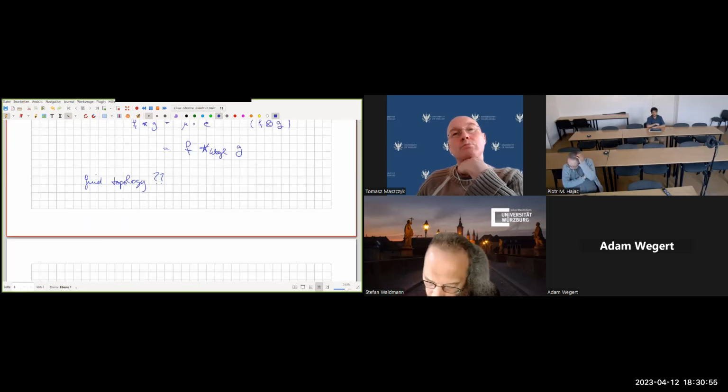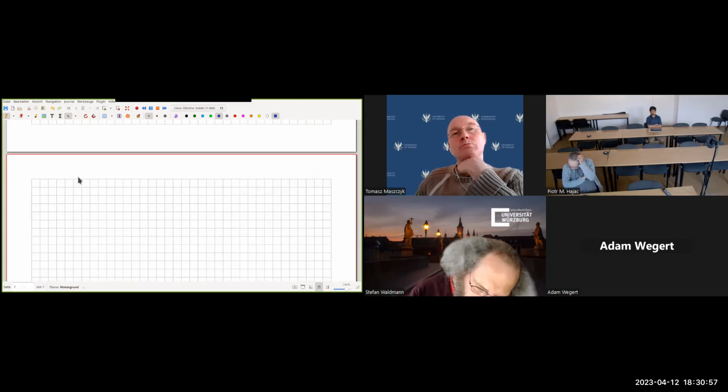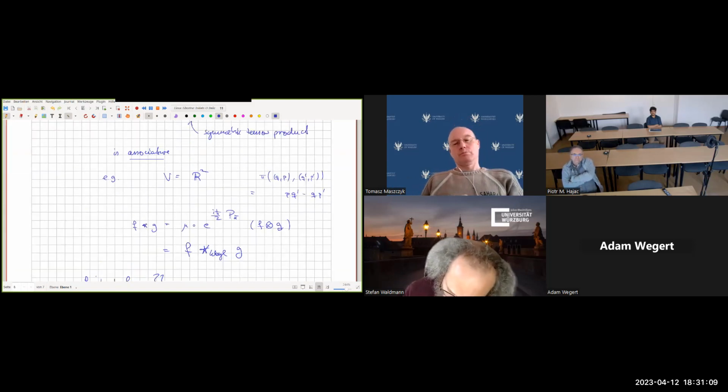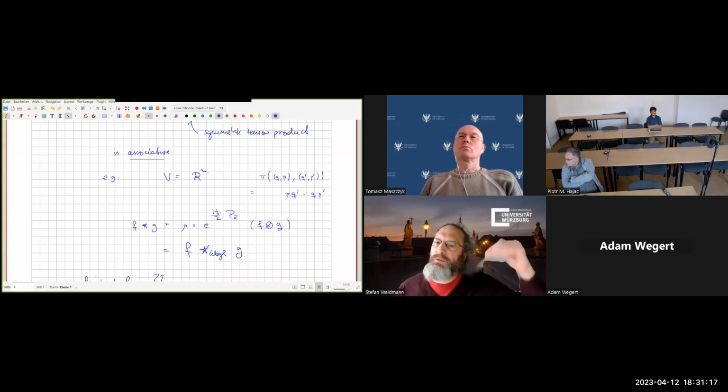One way to do that is to choose a real parameter R, which is used to control the growth. Now we want to control this convergence. We have to compare polynomials of different degrees in a coherent, systematic way. And how do we do that?